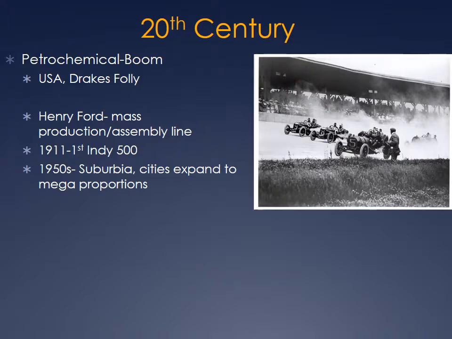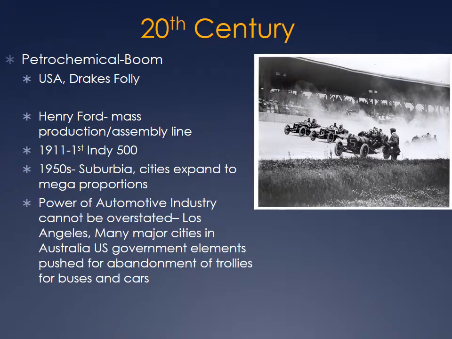By the 1950s, of course, suburbia: we see expanded cities, we see people living further out, driving every single day, owning a couple of cars. And this results in issues with large scale photochemical smog from the usage of buses and cars, in addition to trucks and trains, and the large industrial facilities that are providing energy and burning coal.